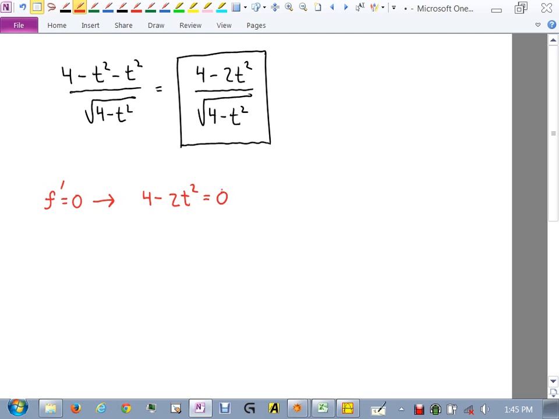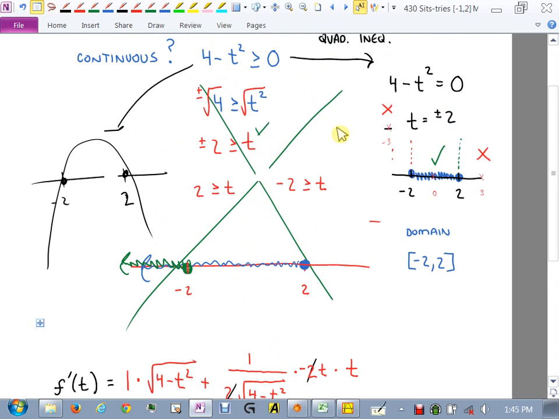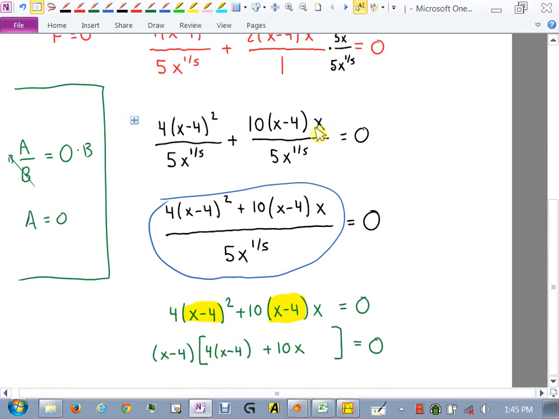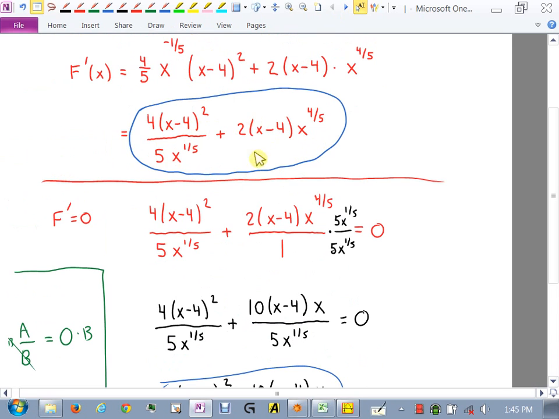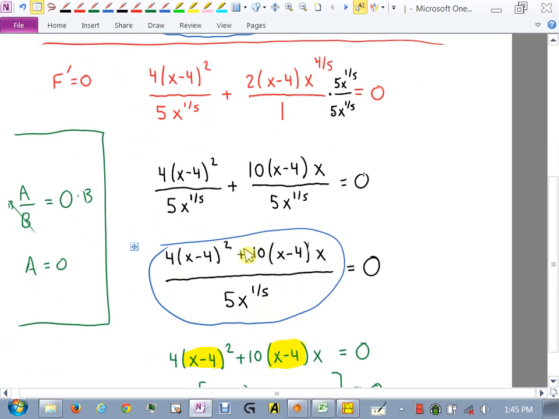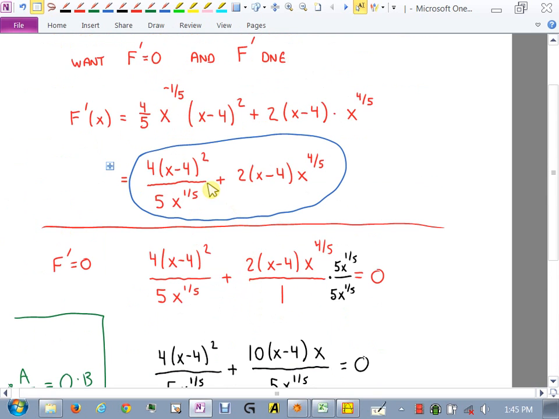I should point something out. I said a fraction can only be 0 if the top's 0, right? When you go back and look at the example we did before, this was our derivative, right? And we set it equal to 0, and I got a common denominator and put them together. And then I set the top equal to 0. You cannot do that at this point because you do not have a single fraction.